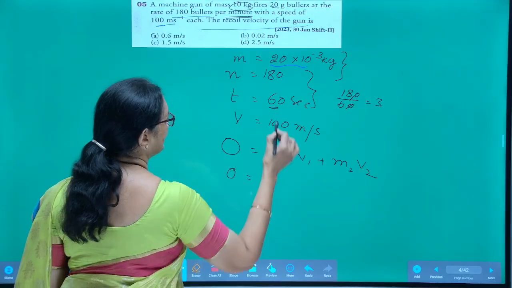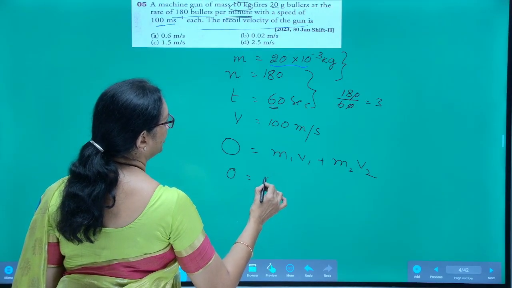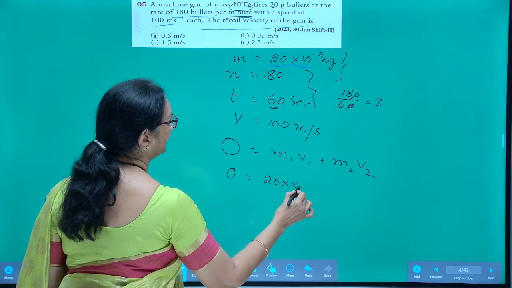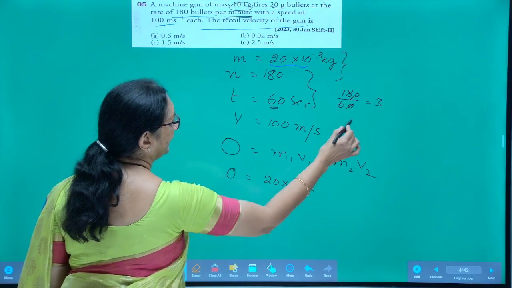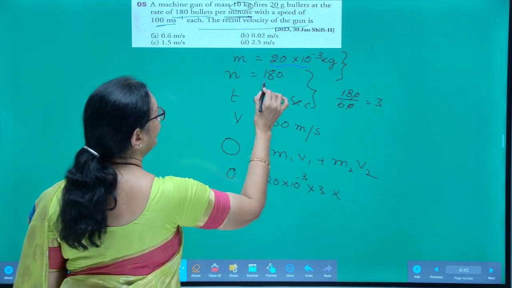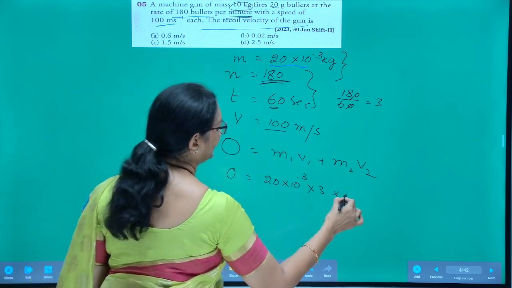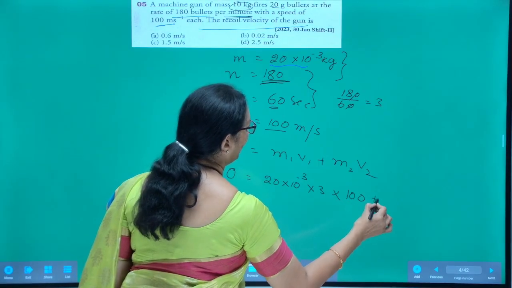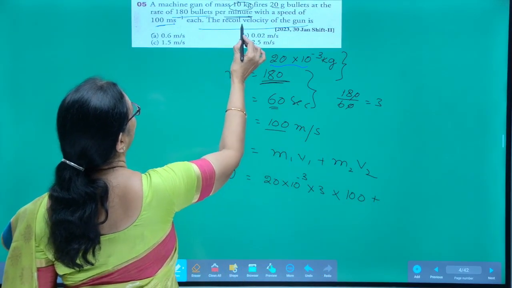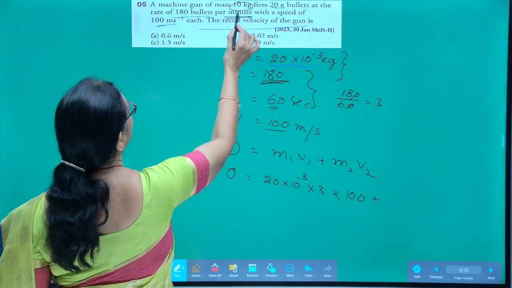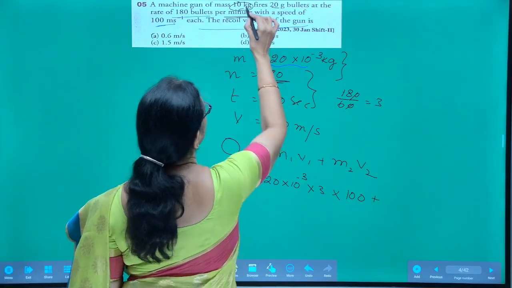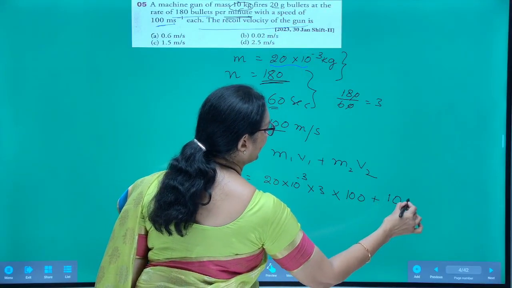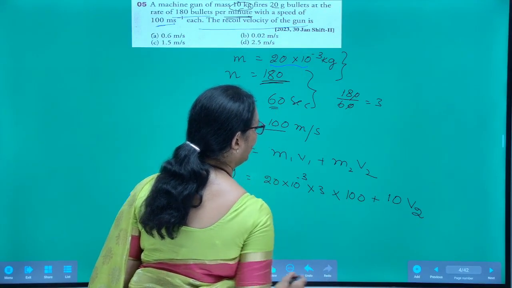So, mass of all the bullets is 20 into 10 to the power of minus 3 into 3, and velocity of each bullet is 100, plus mass of the gun is given as 10 kg. This is mass of the gun is given as 10 kg, its velocity we need to find.